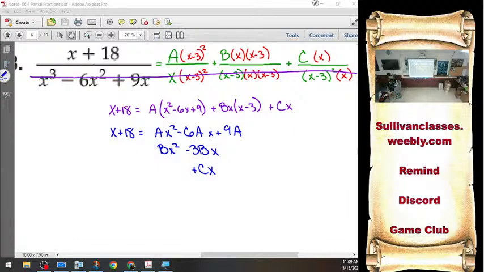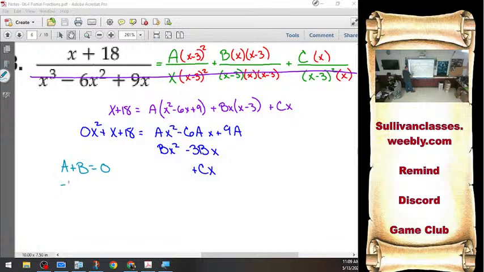Since there's no x squared in the first equation, what do I do when I'm trying to match this much x squared to nothing? Okay, equals 0, perfectly legal. And we get a plus b is 0.